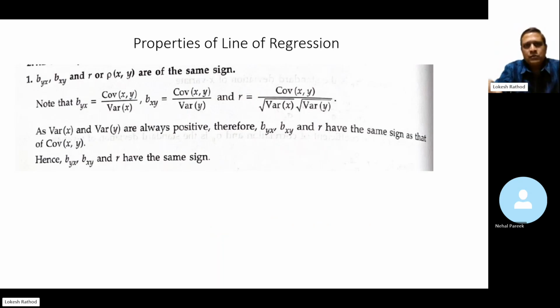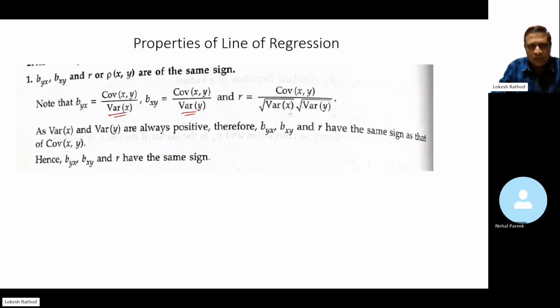Now we are going to study different properties of the lines of regression. These properties are also important. First thing: byx is covariance of xy over variance of x, bxy is covariance of xy over variance of y, and r is covariance of xy over square root of variance x times square root of variance y. Variance of x and variance of y are always positive.